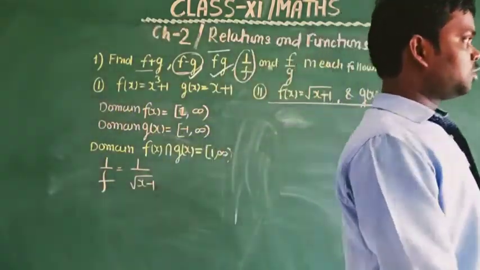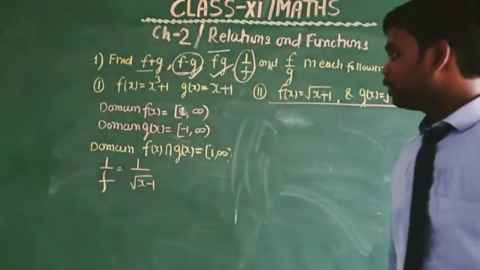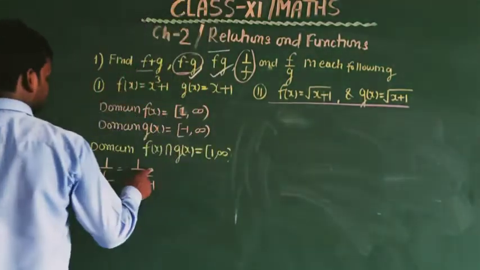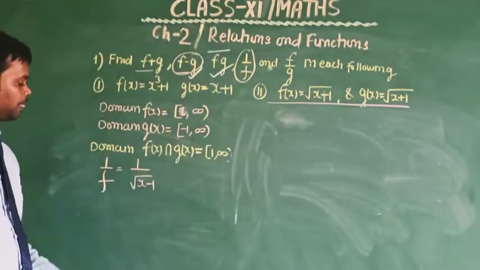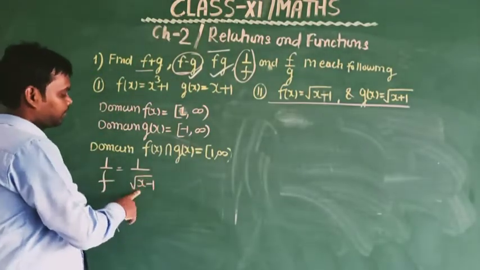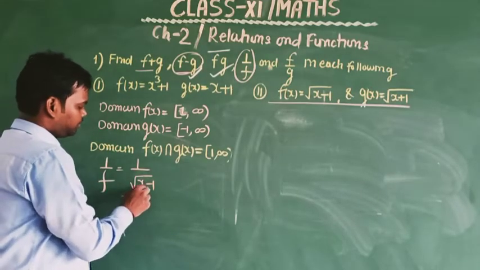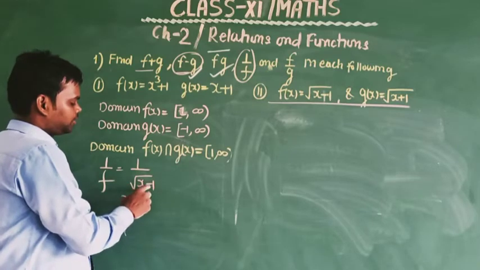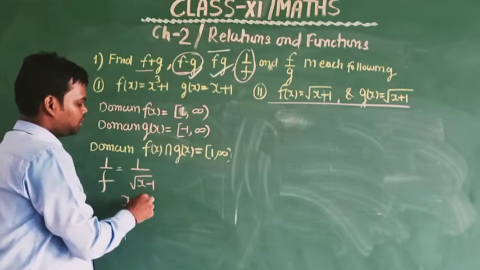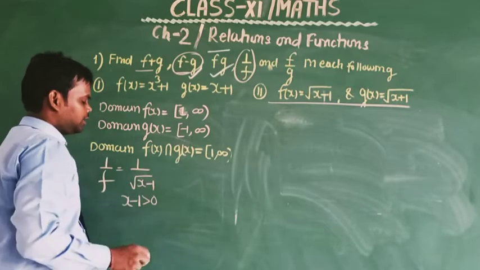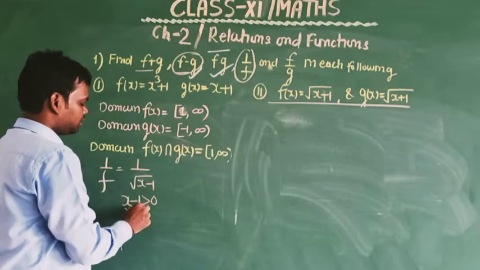Here the domain changes in this case. The value of x minus 1 must be greater than 0, so x is greater than 1.